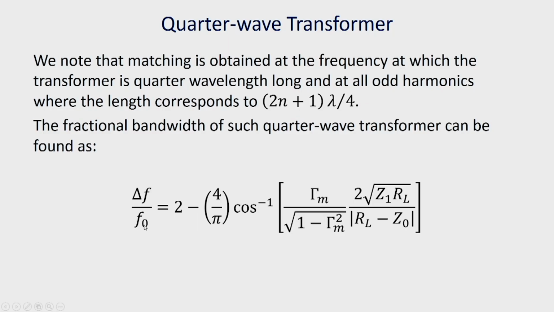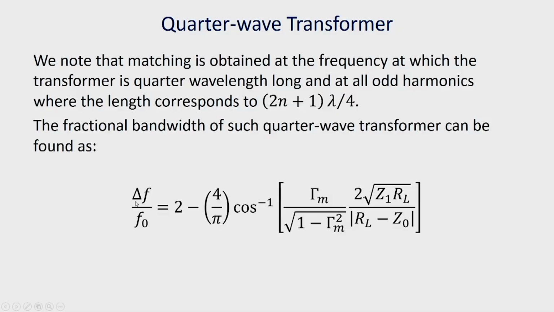F0 is the operating center frequency and delta f gives the frequency deviation from f0. This is given by the expression 2 minus 4 by pi cos inverse gamma m. Here gamma m is the maximum value of the reflection coefficient that we are ready to accept, and depending upon this gamma m, the fractional bandwidth is given by delta f divided by f0.